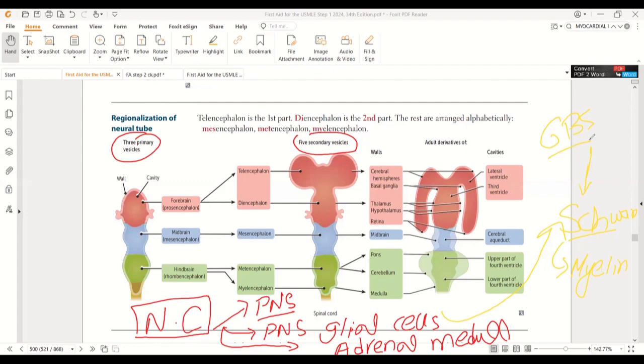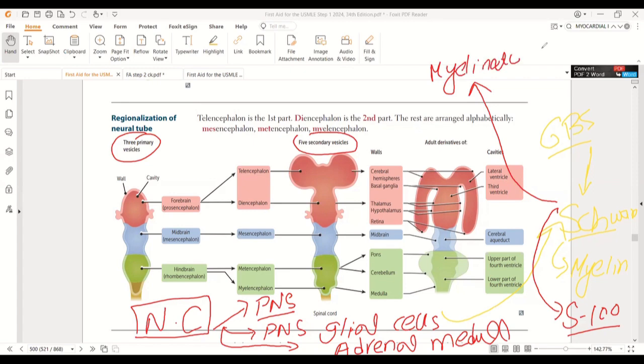Schwannoma, the tumor. So the marker is S100. They are S100 positive, right? So each Schwann cell myelinates only a single axon.